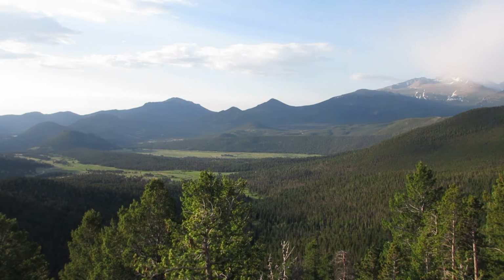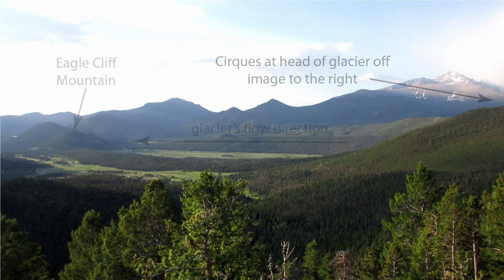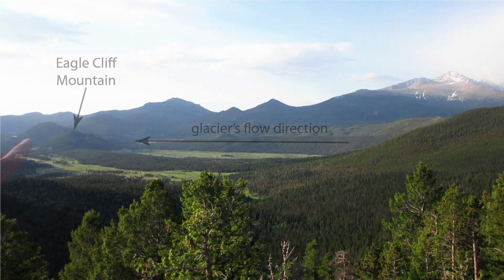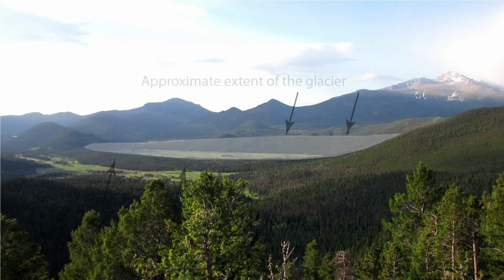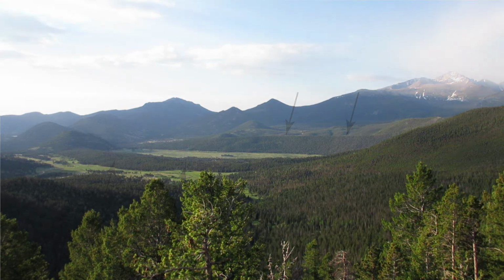And so at about 20,000 years ago, this glacier was at its maximum extent, and it was being fed by cirques off to the right and flowed down this way and stopped at Eagle Cliff Mountain, which is this mountain right here. And so at 20,000 years ago, Moraine Park was filled with glacier ice, and this lateral moraine and this lateral moraine was built by that glacier.